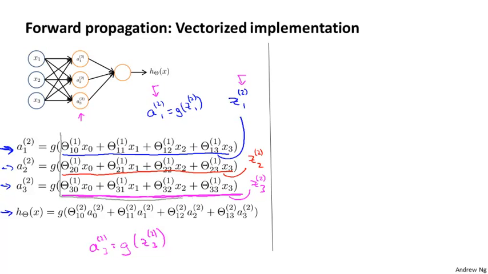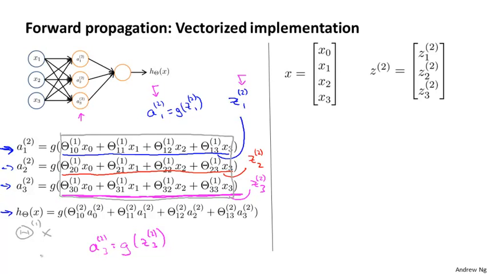Now, if you look at this block of numbers, you may notice that it corresponds suspiciously similar to a matrix vector multiplication of theta1 times the vector x. Using this observation, we're going to be able to vectorize this computation of the neural network.